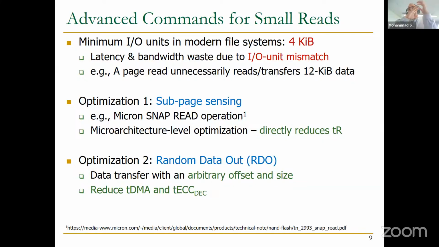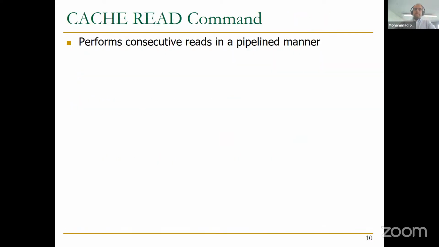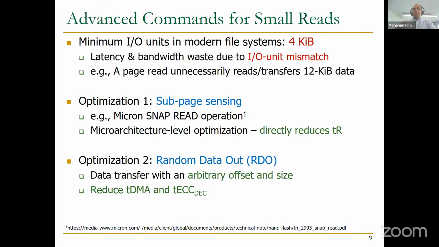You can use this optimization, random data out, so that you only transfer the part of your data that you need. It can heavily reduce TDMA and ECC, for example, for your access, and that can eventually cause faster read access. So these are the two optimizations that vendors are making.